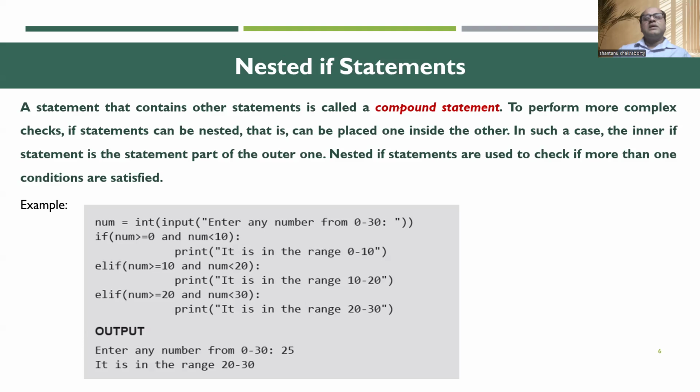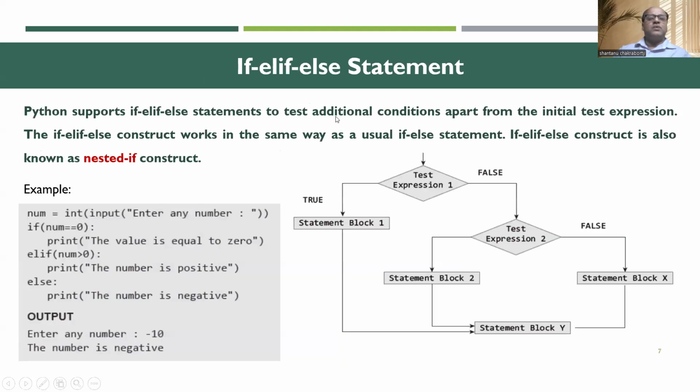This is a nested if-else statement, or else-if ladder statement, that you have done in C programming. This is the syntax that we use in the Python programming language. It's also called the elif statement. With elif statements, the test expression is evaluated repeatedly.